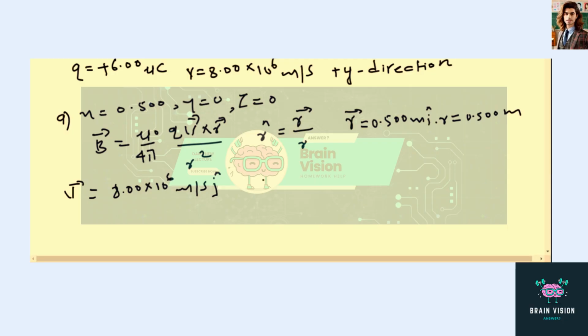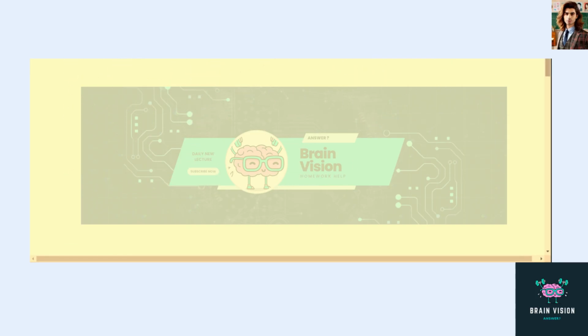Now we can write v cross r. It is the cross product of v and r, which is equal to the magnitude of v times the magnitude of r times j cross i cap, and that is equal to minus v times r times k cap.